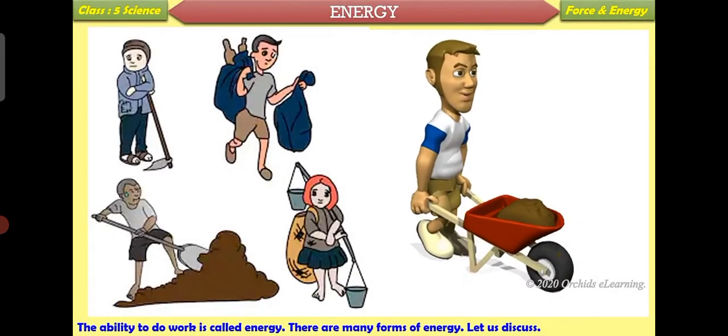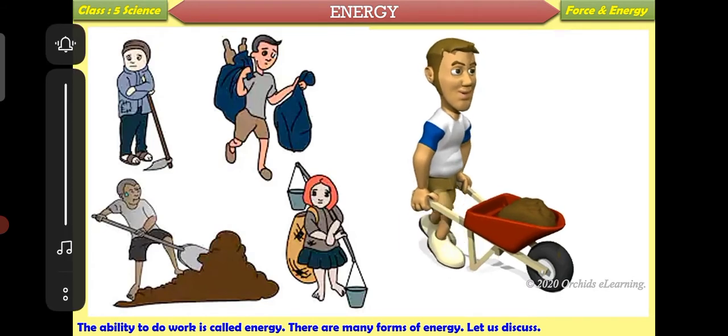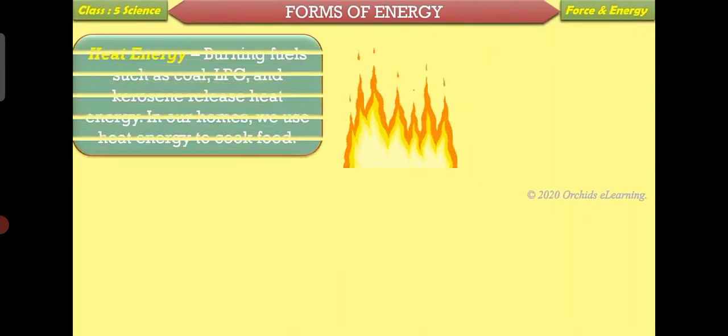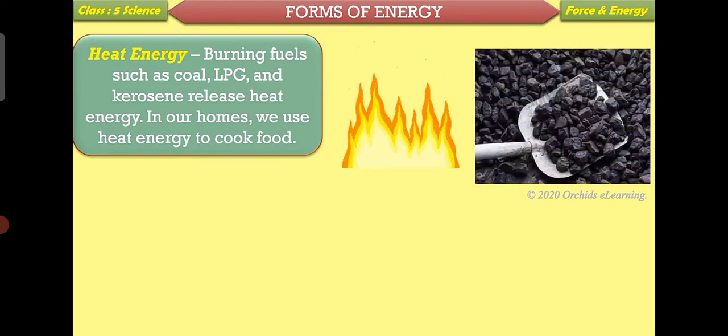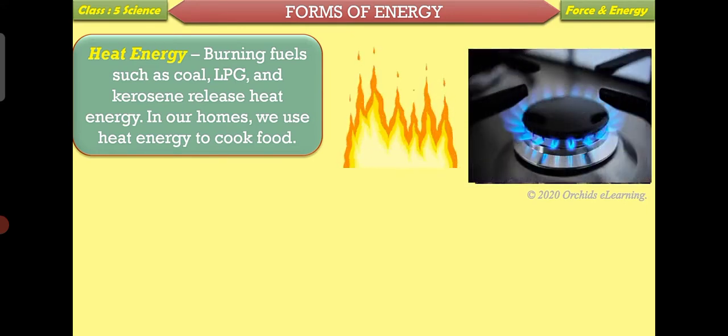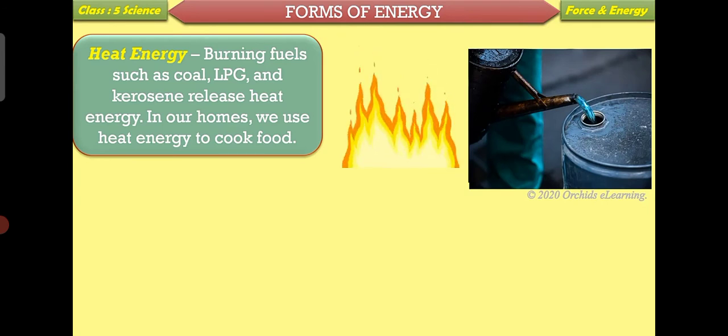Energy. The ability to do work is called energy. There are many forms of energy. Let us discuss. Heat energy. Burning fuels such as coal, LPG, and kerosene release heat energy.